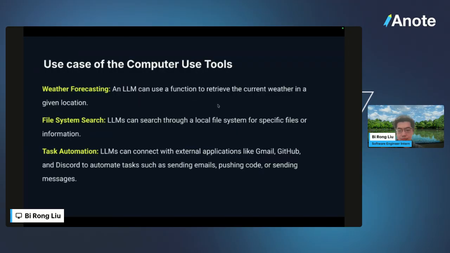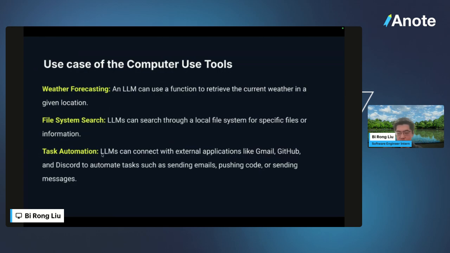Slide deck. So the use cases of the computer use tools are weather forecasting, file system search, and test automation. For weather forecasting, the LLM is basically given a tool.